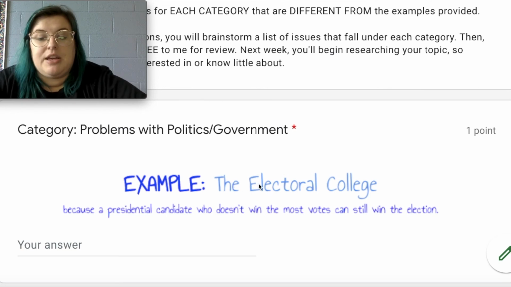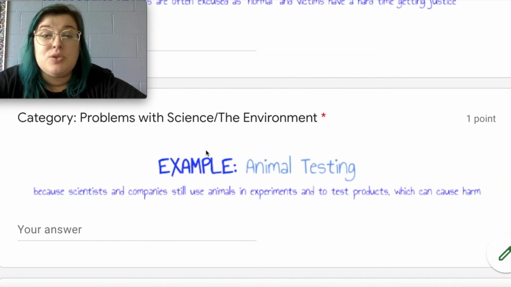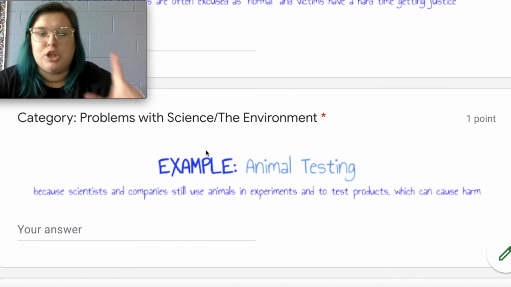Start out by thinking of things that exist within these categories that you disagree with, because it's typically easier to do that than to think of things that you do agree with. I had a student write and educate me all about an invasive species of Asian carp clogging up Kentucky waterways. So you can make it as local or as global as you want.